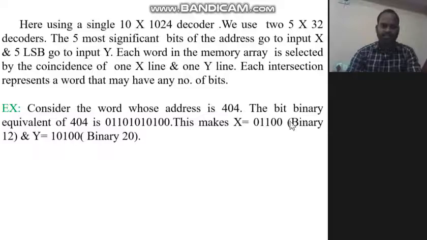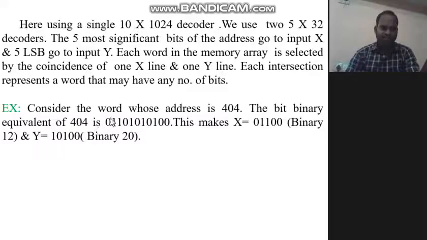The binary equivalent of 404 is 0110010100. This can be split into two representations, x and y. As we said, from the MSB the first 5 bits represent the x direction, and from the LSB the last 5 bits locate the y direction.